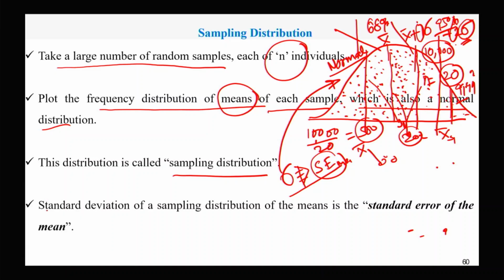So the standard deviation of the sampling distribution of the mean is the standard error of the mean. As I told, it's equivalent to the standard deviation in the normal distribution. Here we call it standard error of the mean.